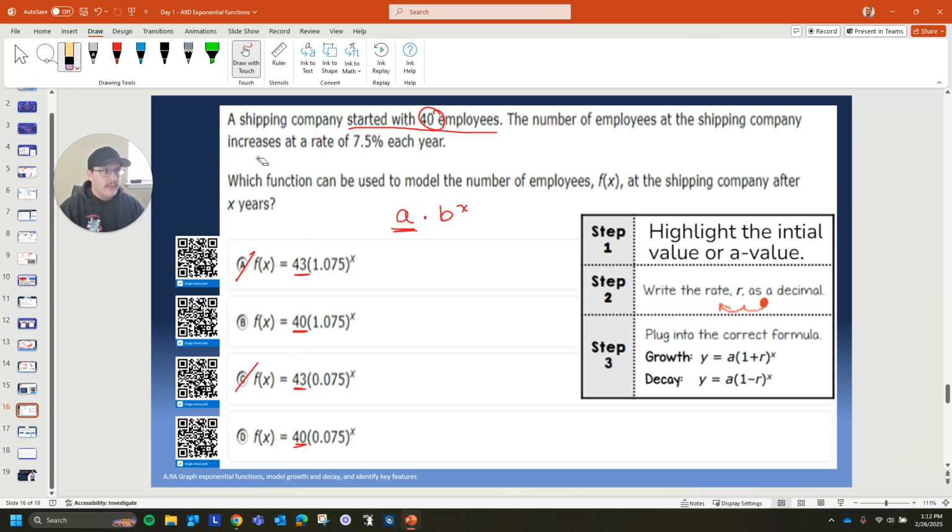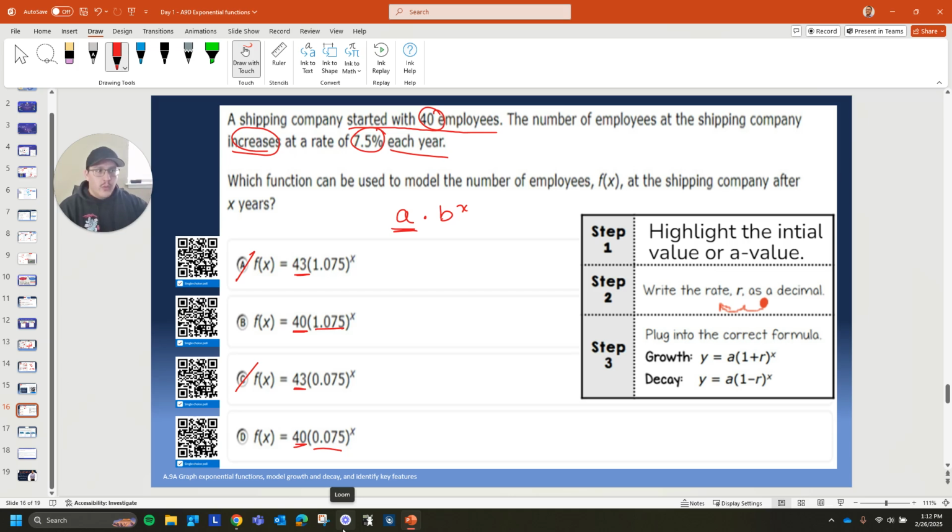So now here's the next part. It is increasing at a rate of 7.5% each year. Increase means with our exponential function, the b value needs to be bigger than 1. If it's smaller than 1, it is a decrease. So without even having to graph this, it's mostly understanding what each of these numbers is doing to the exponential equation. B or D would be our answers here, but notice their B values.